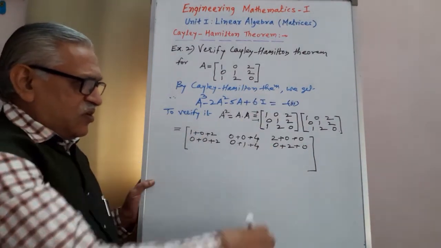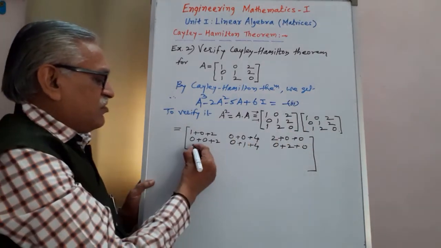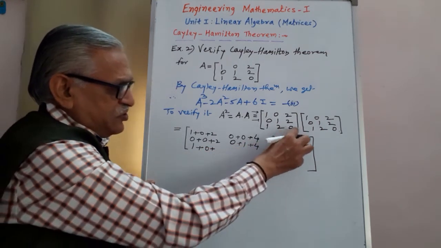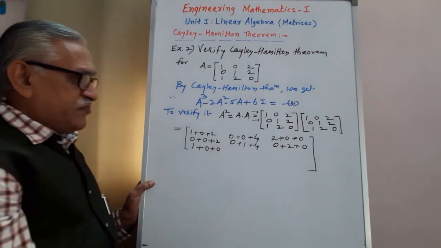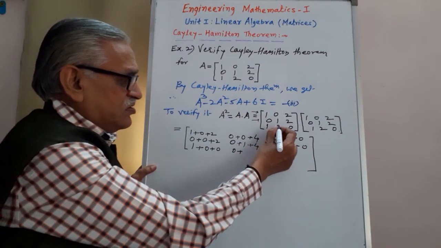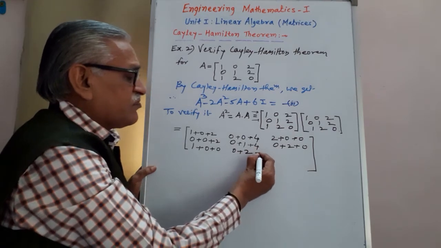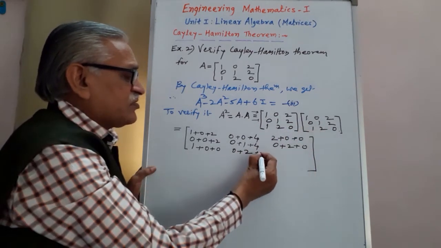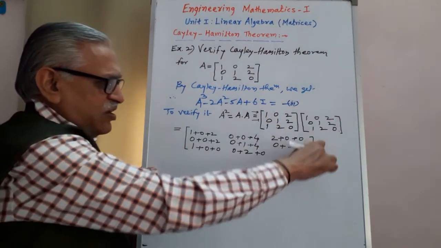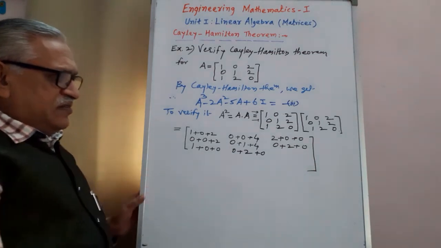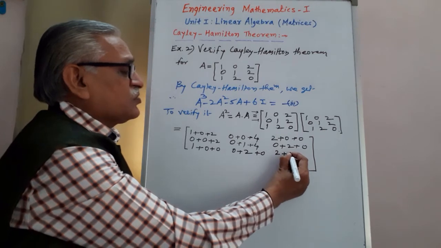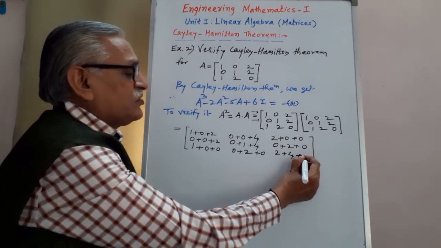Then by the third row to all the columns, 1 into 1, 1, 2 into 0, 0, and 0 into 1, we get 0. Then to the second column, it is 0, 2 ones are 2, and 0 into this. Next, by the third row to the third column, 1 twos are 2, 2 twos are 4, and 0 into 0.